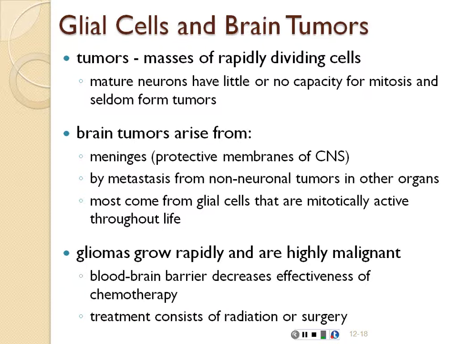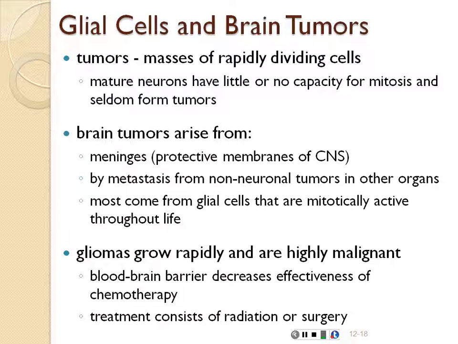Muscles are the same way, and other tissues of the body. So if we have brain tumors, it's not normally due to neurons because they don't undergo mitosis. But the neuroglia cells, the glial cells, are usually where these tumors originate.